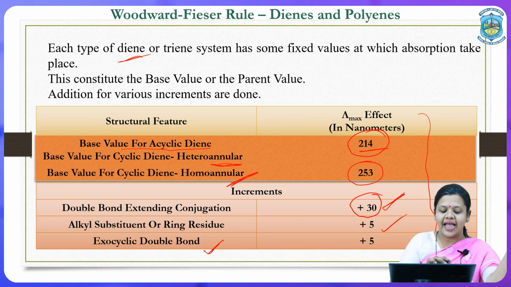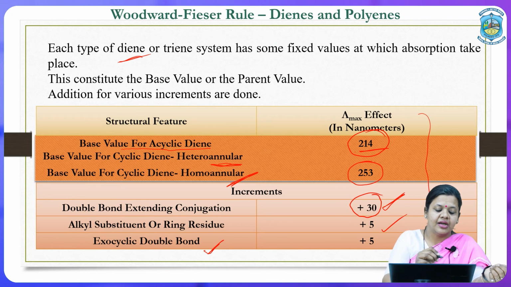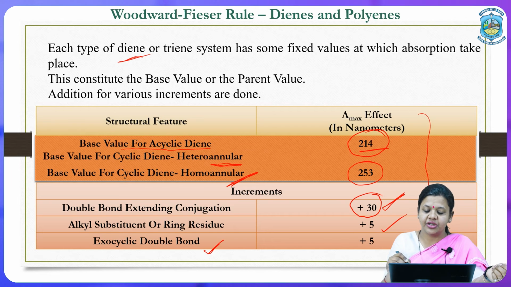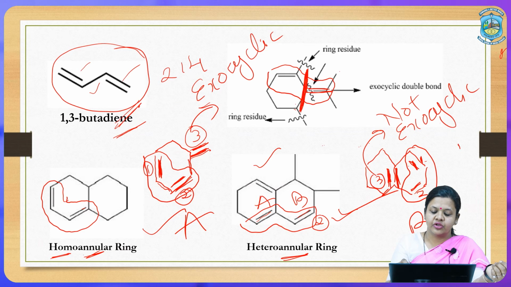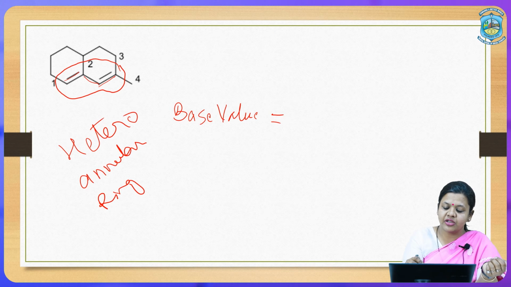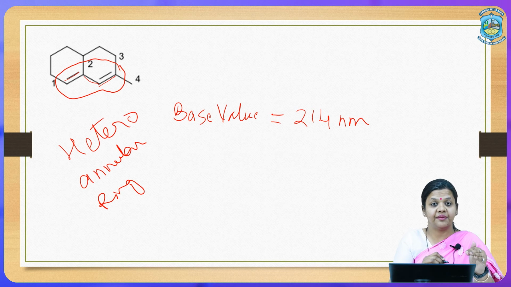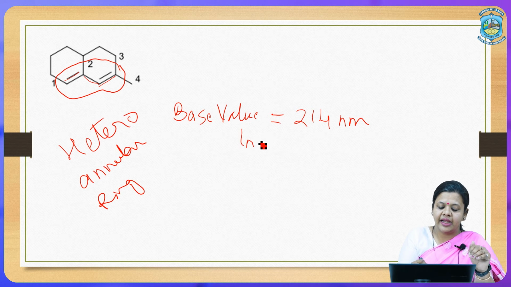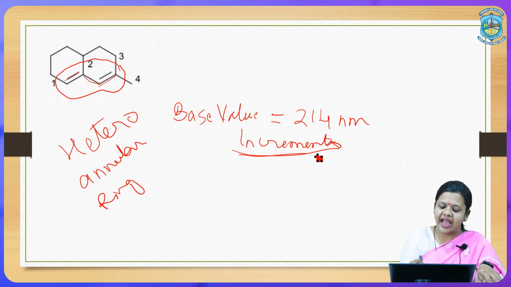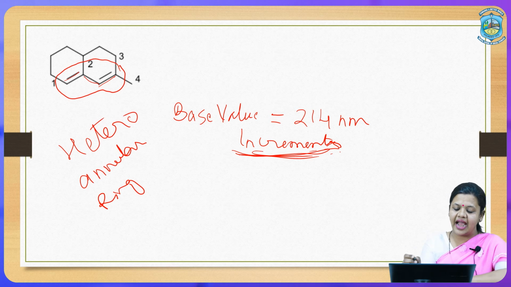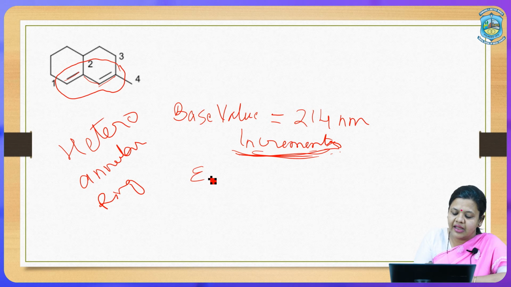So, let us go back and see what was the value for a cyclic diene of heteroannular condition. The value that we take is 214 nanometers. So, we will write the base value as 214 nanometers. Then after taking the base value, we will add increments to it. The different increments that we can add are, first, extended conjugation.